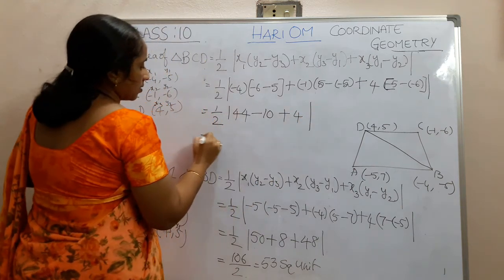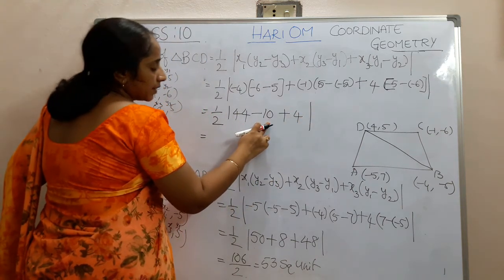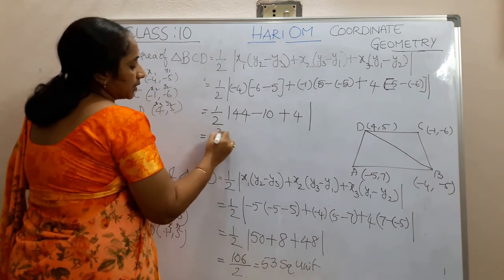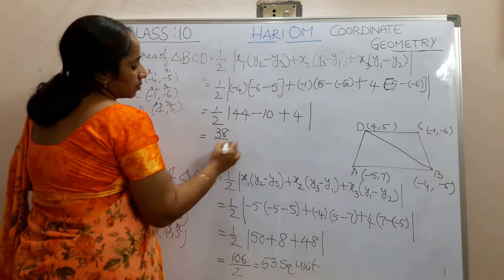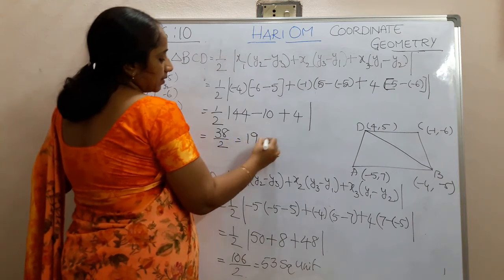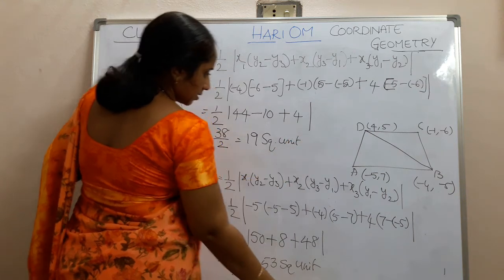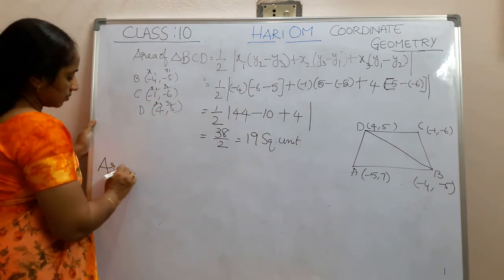It is 44 minus 10, it is 34 plus 4, 38 by 2. It is 19 square units.